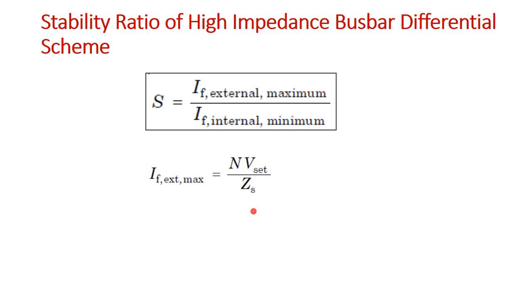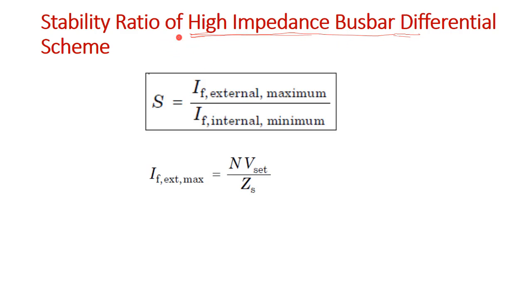Sorry, previously I mentioned this high impedance bus bar differential scheme as the stabilizing impedance bus bar differential scheme. In fact, it is known as the high impedance bus bar differential scheme.